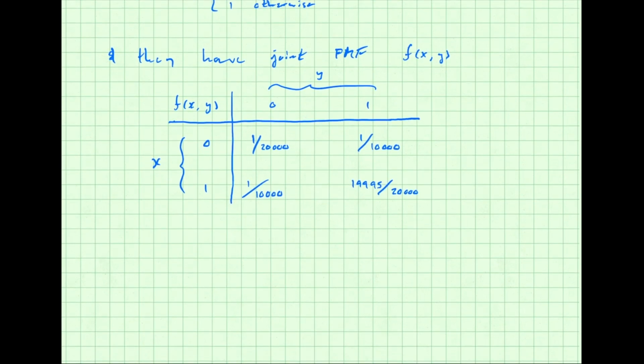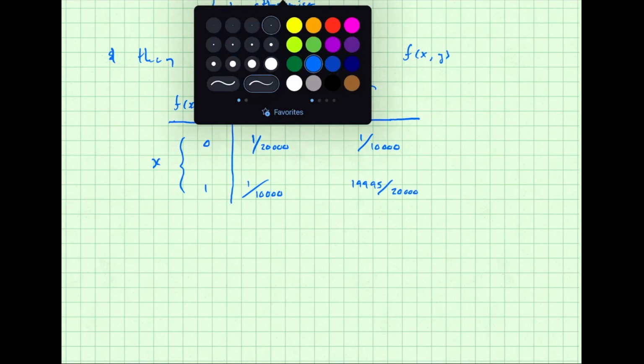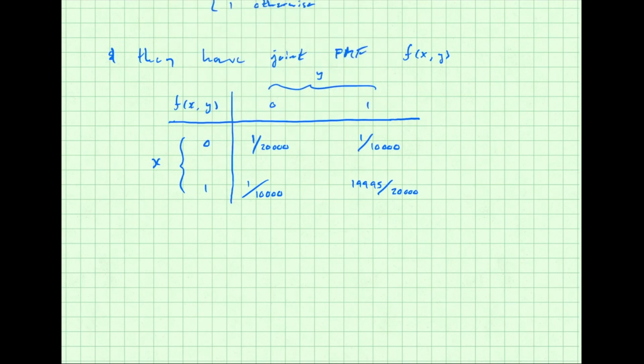Now, what do we want to answer here? Well, we're going to answer some stuff, but before we do it, since we made this table, we may as well make the marginal parts, right? So I'm going to put them both in black and just add them up. So if you sum across the rows, you've summed over all y values, so you're left with this guy.